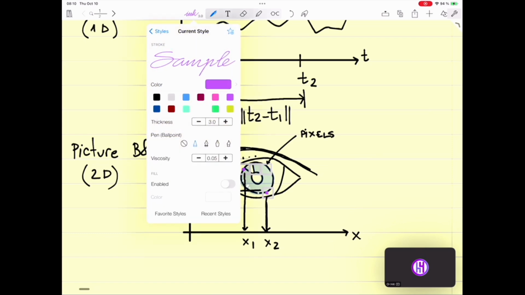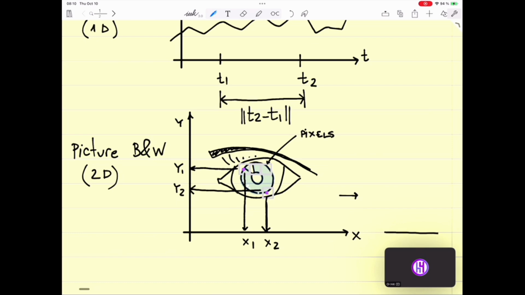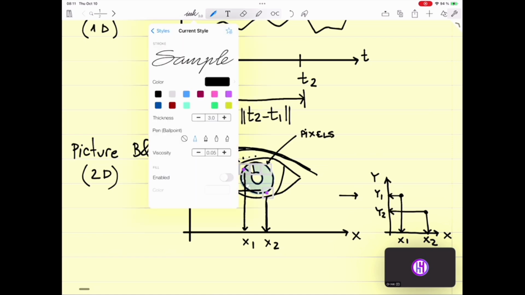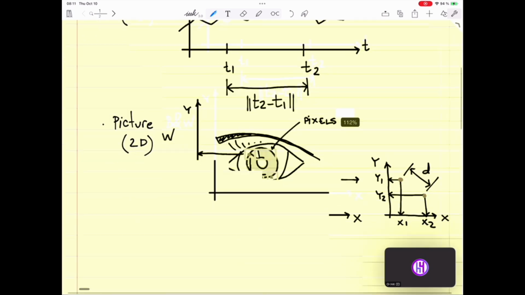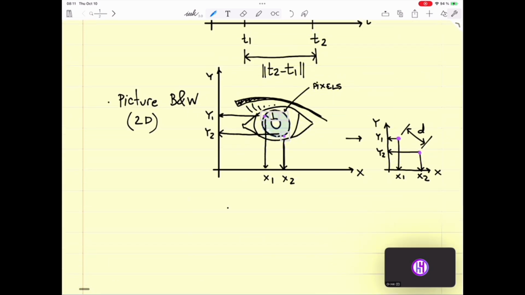So if I translate this without the image, basically what we have is one axis x, one axis y, and then one point x1, y1, one point x2, y2. And I can measure this distance. This distance can be measured easily.